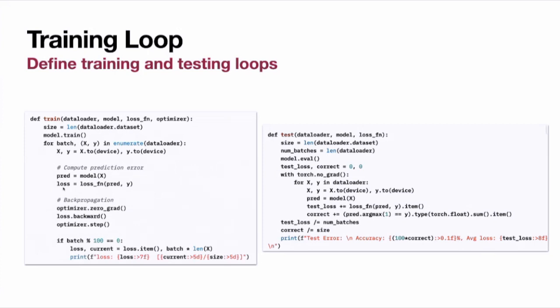Then, knowing the loss, we can calculate gradients for each layer and perform backpropagation. So here we just remove potentially any gradients that we got from previous iteration, and we perform backpropagation. Backpropagation, we calculate gradients for each layer.